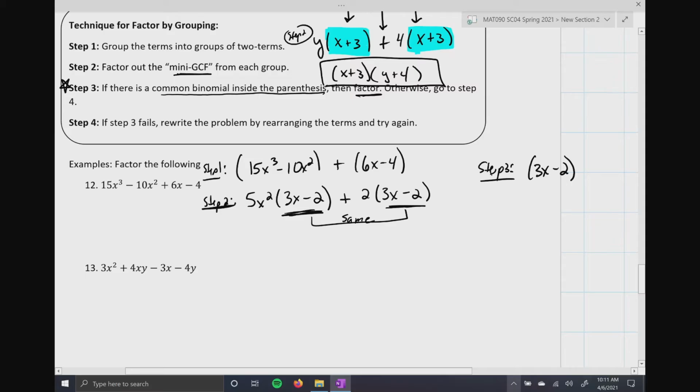I factor out the 3x minus 2. What's left over is 5x squared plus 2. Let me write that nicer. And that's it. There's your final answer.